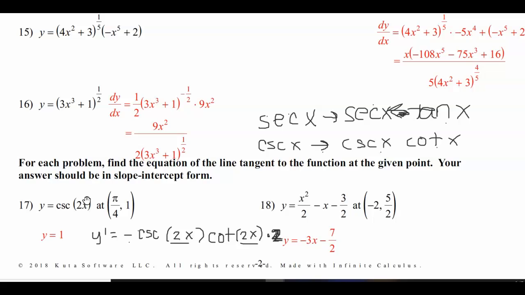Cosecant's undefined at 0, because cosecant's 1 over sine. Hold on, let me write it down.